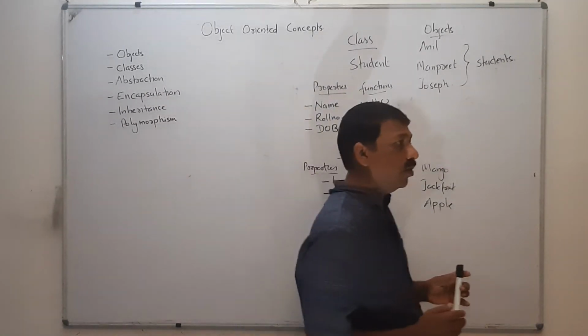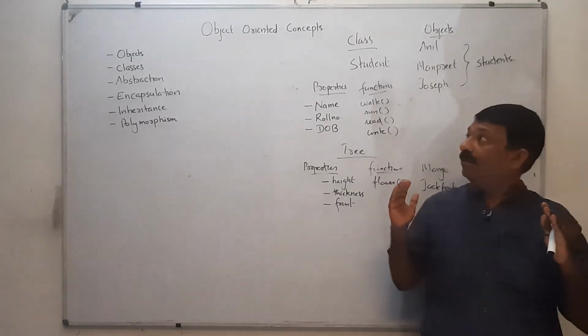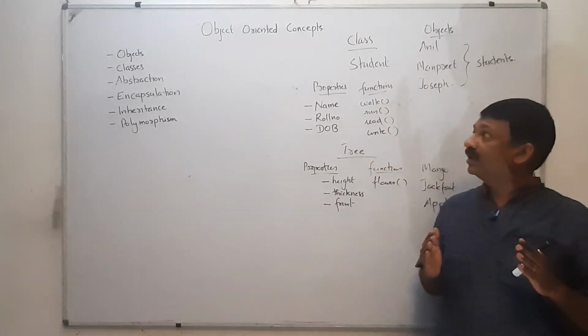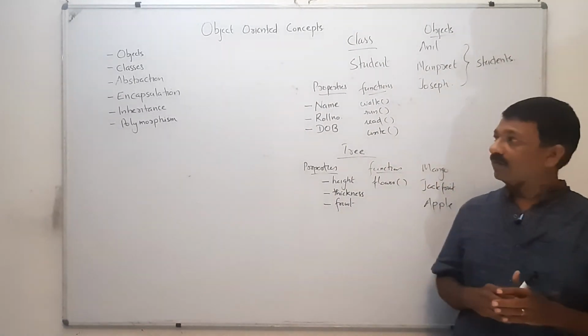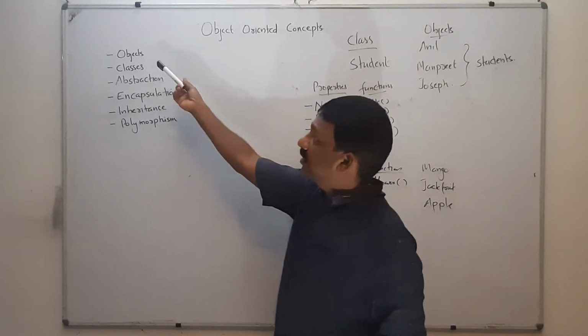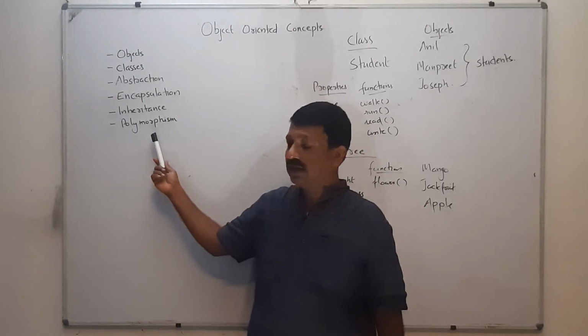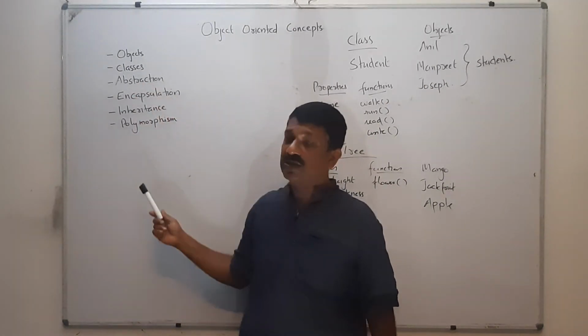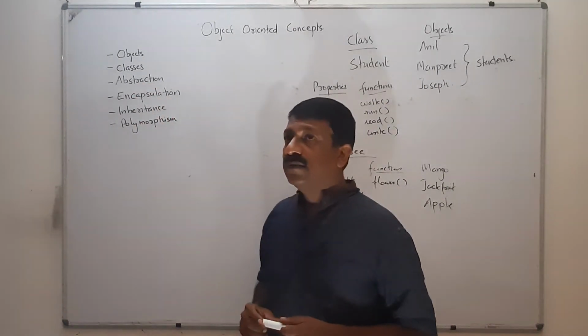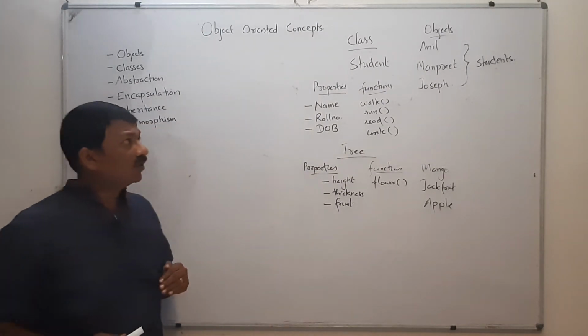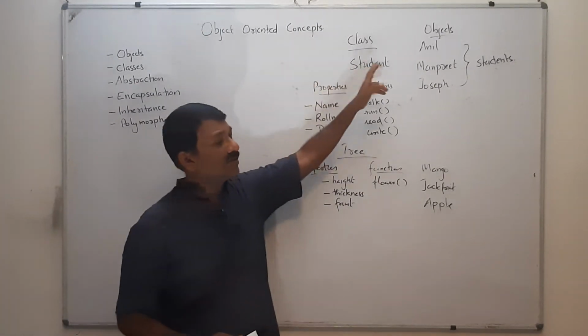So as a whole, these are the different properties of object-oriented concepts. These are the important properties of objects, and at this point in time we are focusing on classes and objects.